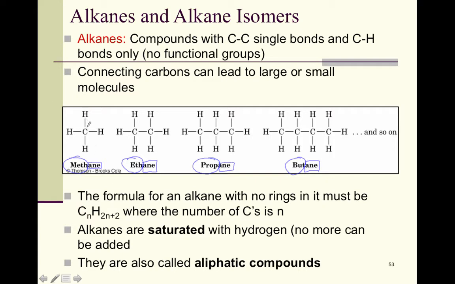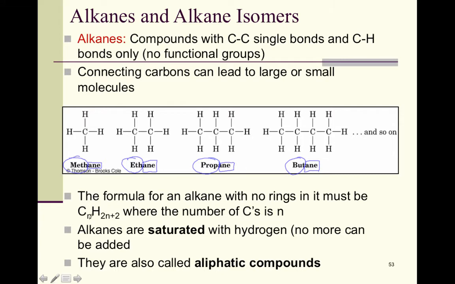How many carbons do I have in methane? 1. So if I put the number 1 here, 2 times 1 is 2, plus 2 is 4. That means this methane, to be an alkane, would have to have 1 carbon and 4 hydrogens. Let's apply that all the way down here to butane. We have 1, 2, 3, 4 carbons.